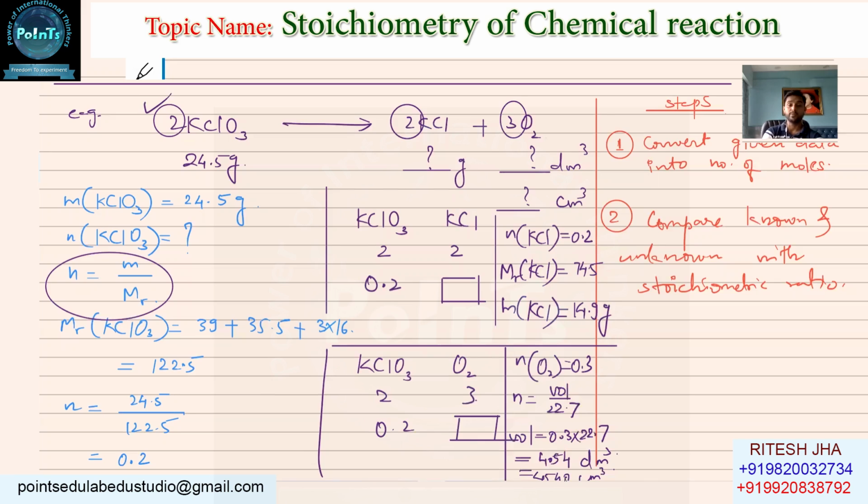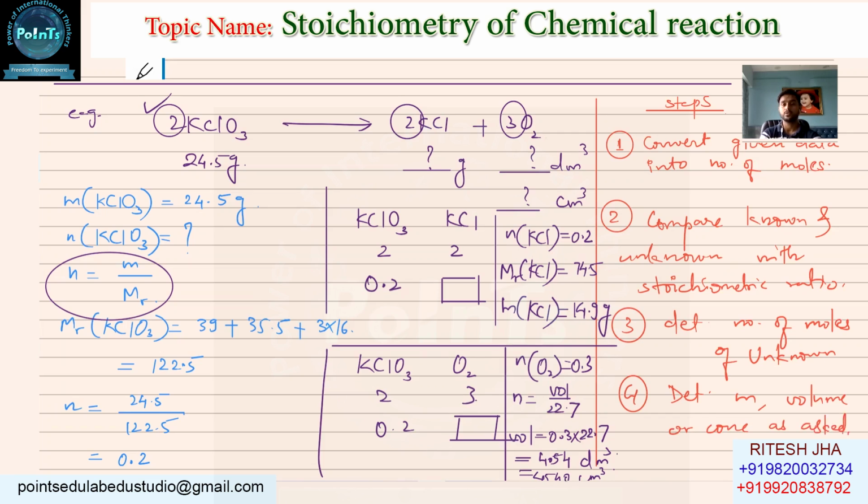So basically, the third step is to determine the number of moles of unknown, and then finally the last step is to determine the mass, volume, or concentration, as asked in the question. Whatever is being asked, that you need to do. So these are the steps with the working. I hope everything is clear to all of you.